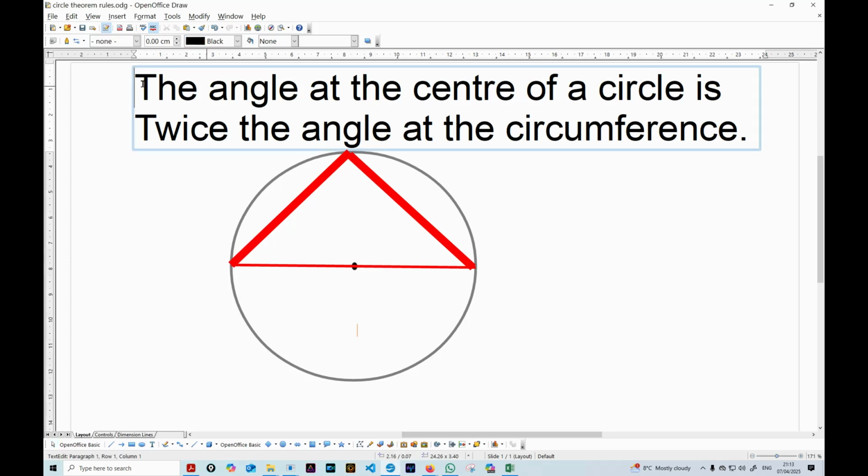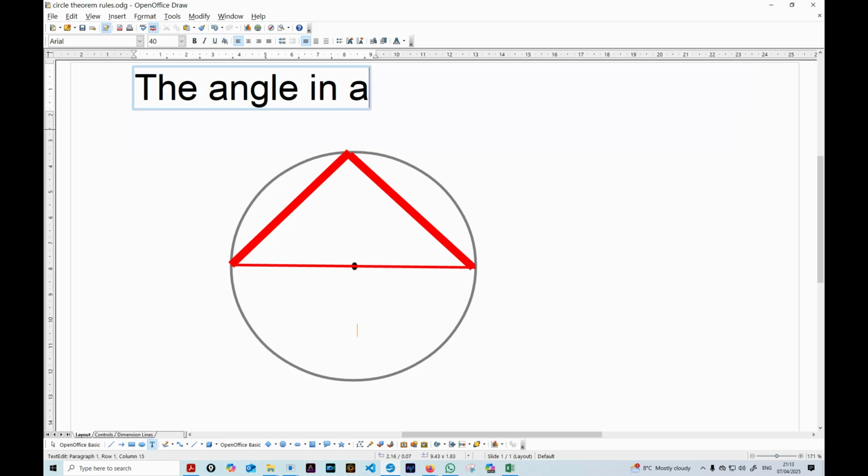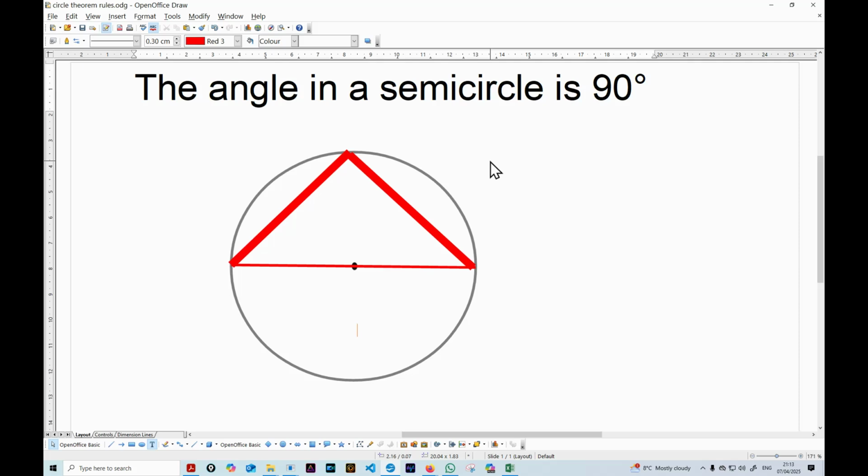Because to write it quickly: angle in a semicircle is 90 degrees.